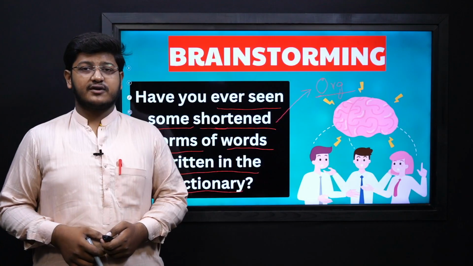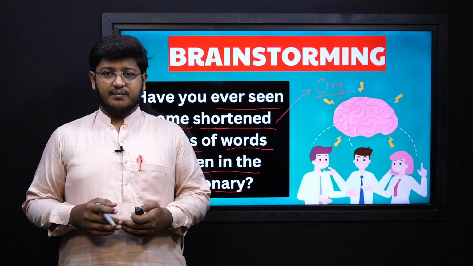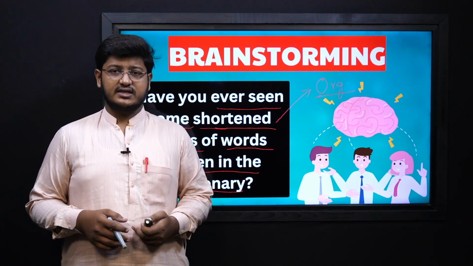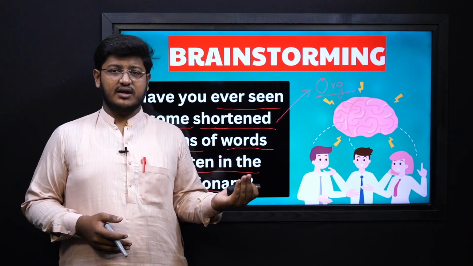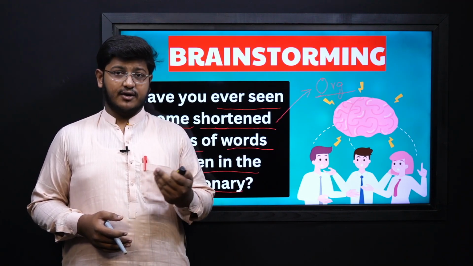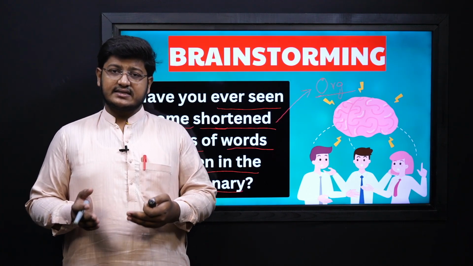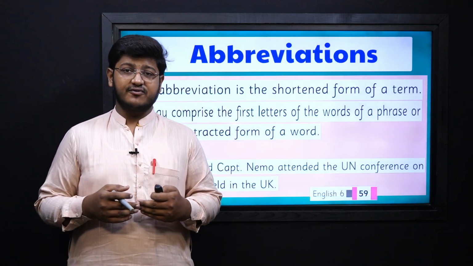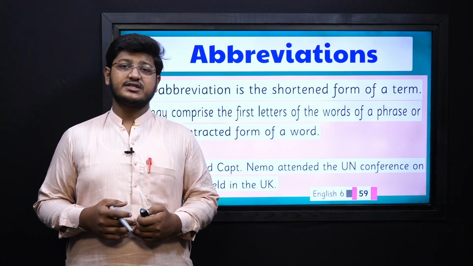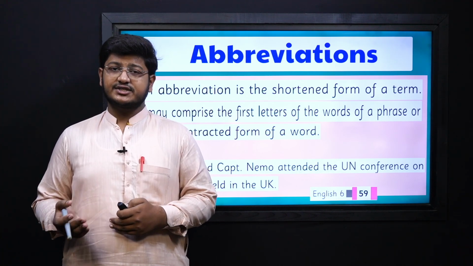These shortened forms are the main topic of discussion for this lecture, and our SLO is about them. So org, inc, these shortened forms are considered abbreviations, and these abbreviations are used in the dictionary.